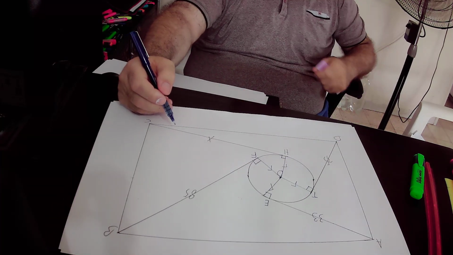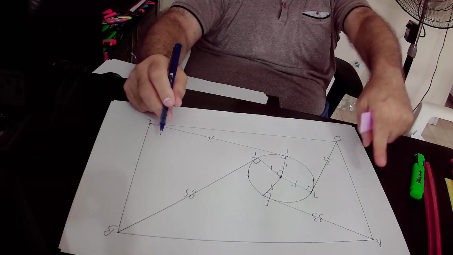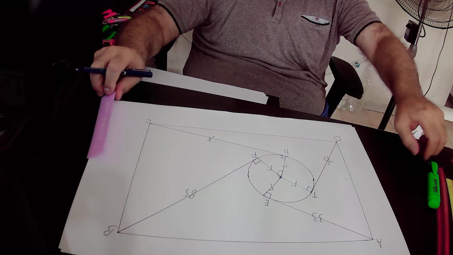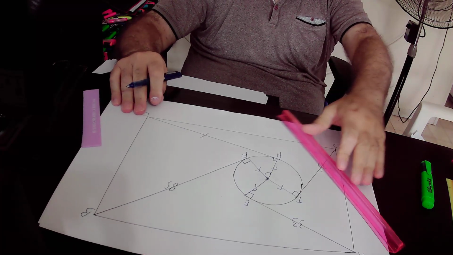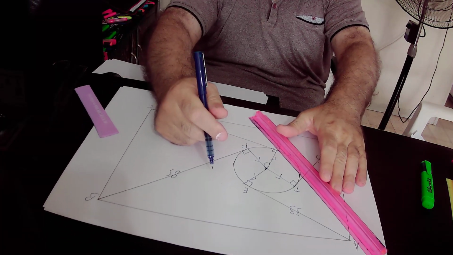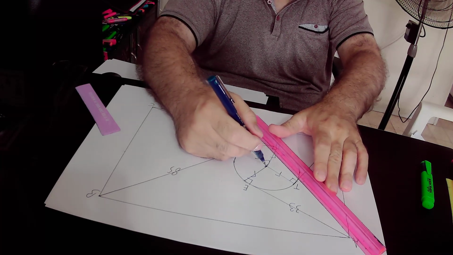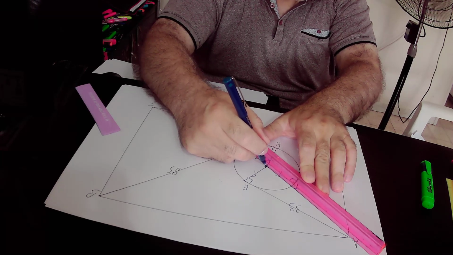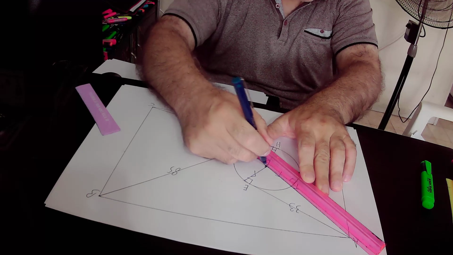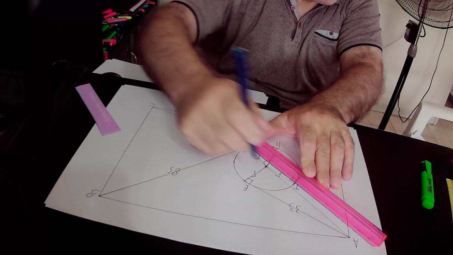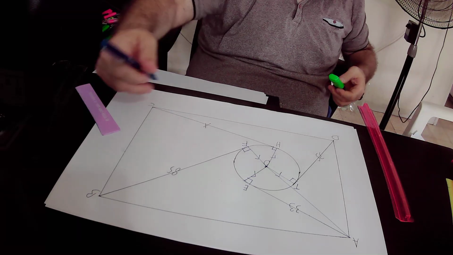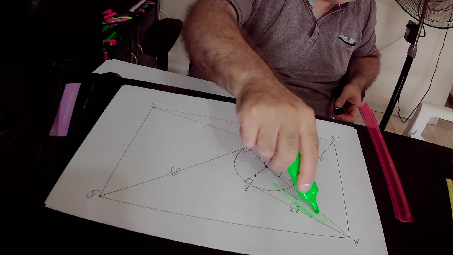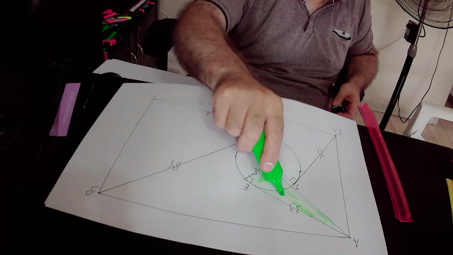In the next step, we'll join points A and O together by a straight line. And we will implement the Pythagoras theorem on the green right triangle, the triangle AOE.